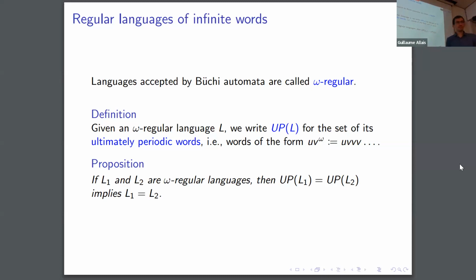And there is this very nice property that if two omega regular languages have the same ultimately periodic words, then they are the same. So in fact, this means that if we just want to characterize some omega regular language, it suffices to characterize its ultimately periodic words.